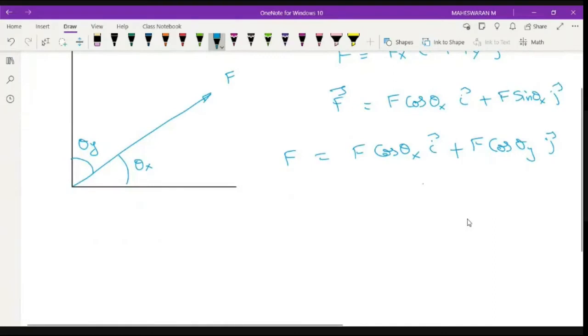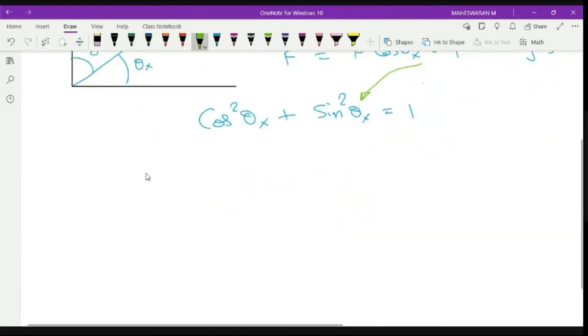Now my question is, you know that cos square theta x plus sin square theta x is equal to 1, right? So can I convert this in terms of this? So what will I get? I will get something like this: cos square theta x plus cos square theta y is equal to 1.